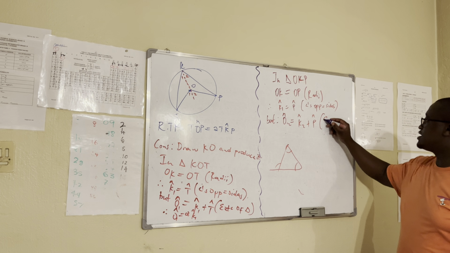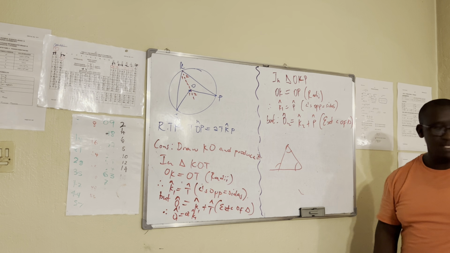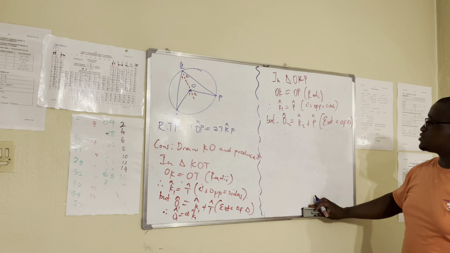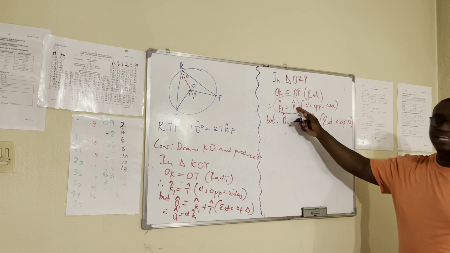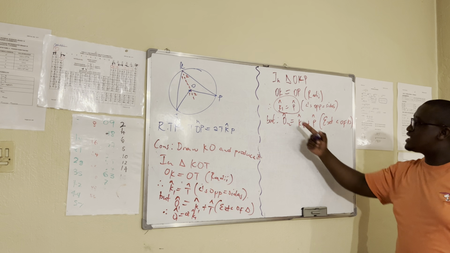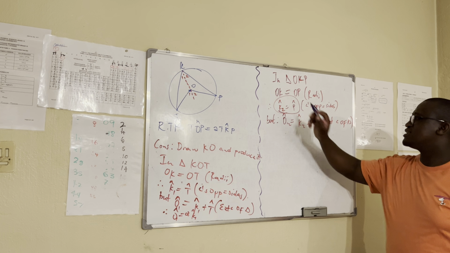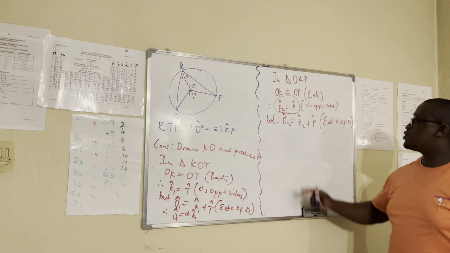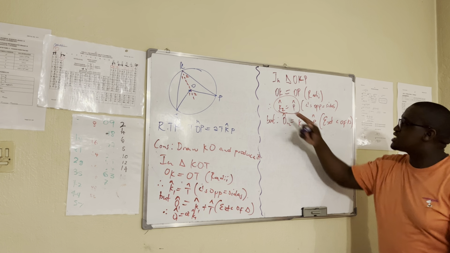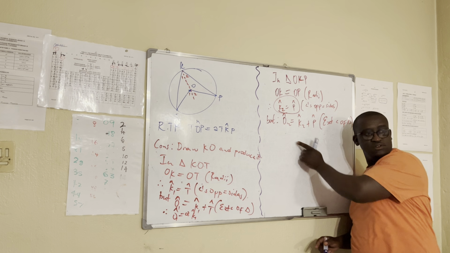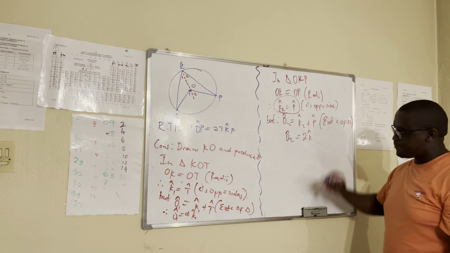I know already K2 equals P, so I can replace it with K2. So angle O2 is equal to 2 K2.